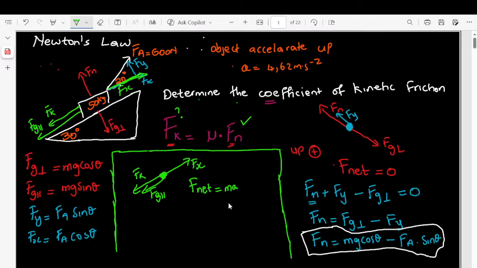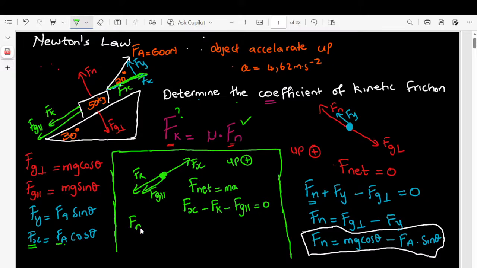Right. So now what we're going to do is choose up as positive. So if we choose up as positive, we take all the forces that are going up and subtract all the forces that are going down. So now, what is Fx? We know that Fx is equal to Fa cos theta.